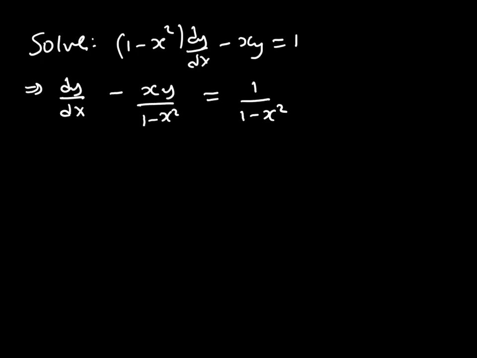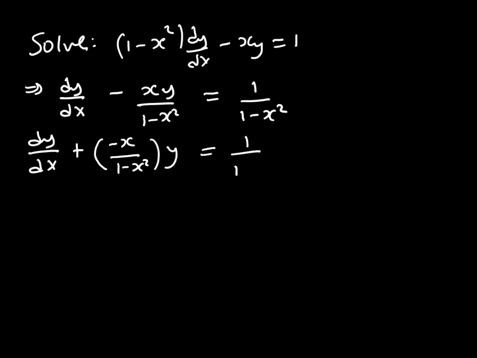Okay, so let's make it more clear. We have dy by dx, plus I write negative x over 1 minus x squared times y is 1 over 1 minus x squared. Now compare this with dy by dx plus py equals q.